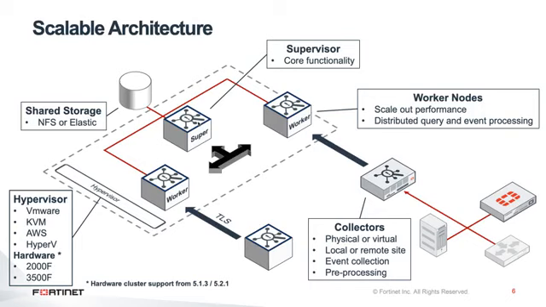And they've got another function, which is that they can cache the data if the main cluster is unavailable for some reason. They'll compress the data and they'll securely transmit the data up to the cluster, assuming it's a cluster. If you don't have a cluster of worker nodes, then the collectors can forward directly to the supervisor node.